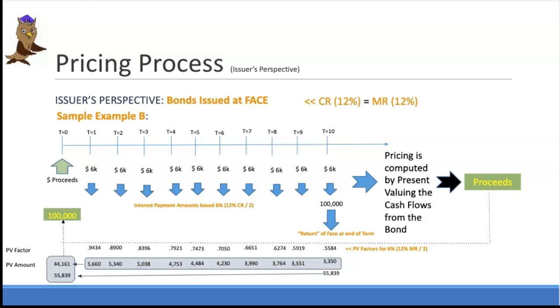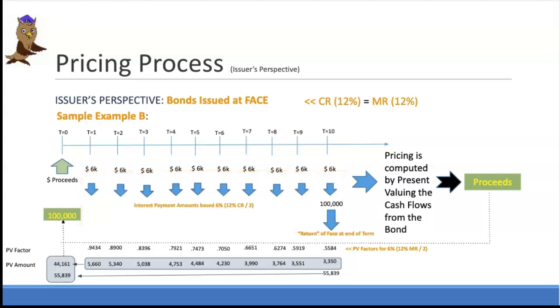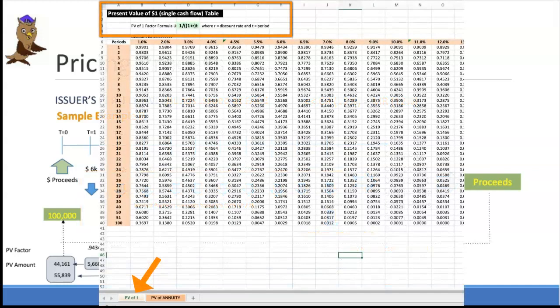There are various PV tables and PV formulas we can use. In this case, we are present valuing single cash flows, one at a time. So we will use the single cash flow PV factor table.